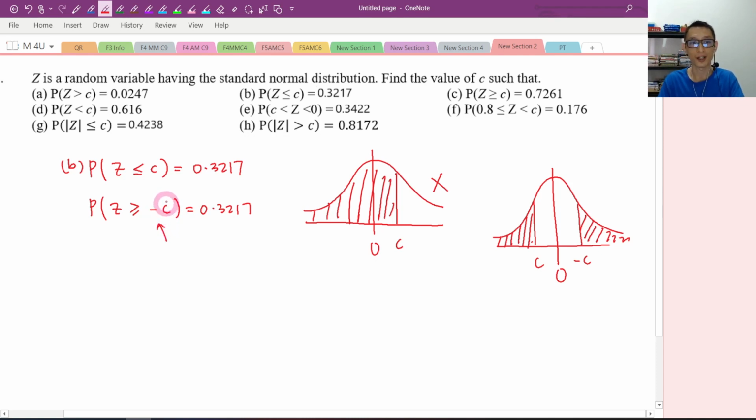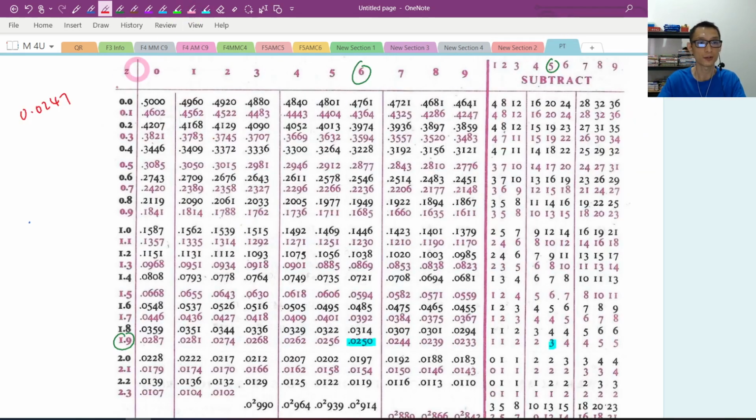Okay, then we can start to get the answer for this inside. Then we start from inside, 0.3217. Now look at 0.3217.